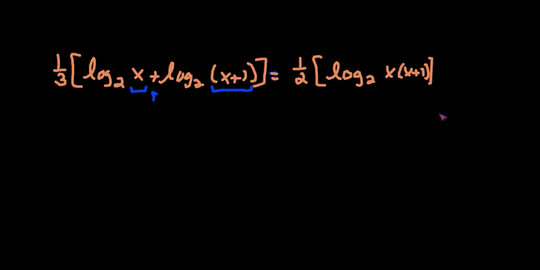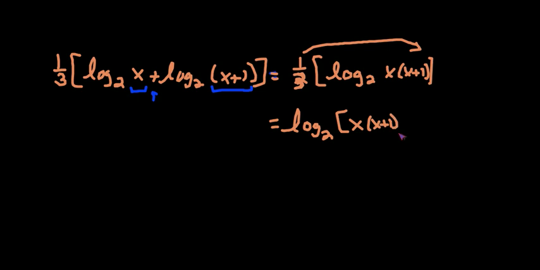And then this exponent out front as a coefficient, 1/3, can actually become my power of what I'm trying to find the log of. So we're going to take this and swing it out back. So we're going to get log base 2 of this all raised to the 1/3 power.